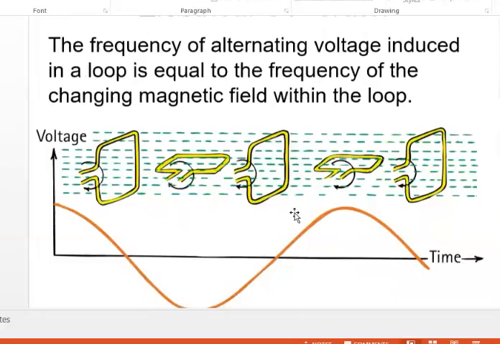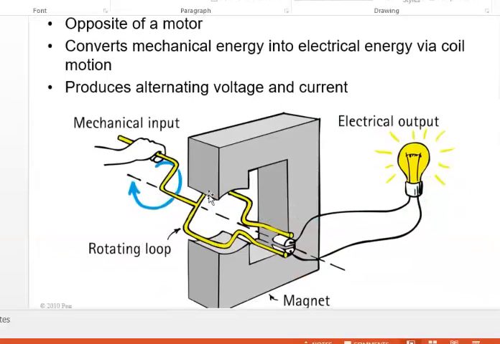Now try to understand here. This is a magnet. The ends of this can be treated as the north pole and south pole, and in between there is a coil. It is not a current carrying coil. There is no supply of current, but a supply of mechanical energy from an external source. This coil is free to rotate about this axis, which is the imaginary line given there.